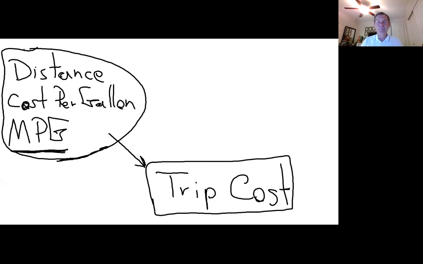So I can kind of guess which car to take without actually figuring it out, because I kind of know which one gets better gas mileage. If you have a Tesla, this is completely useless. But your trip cost is very good.